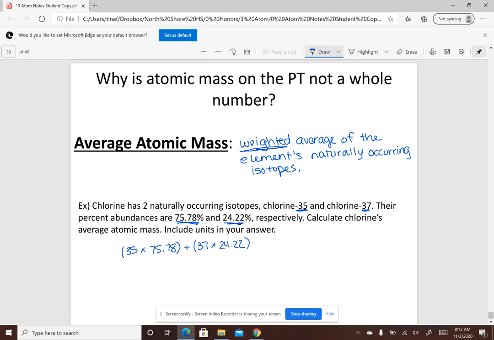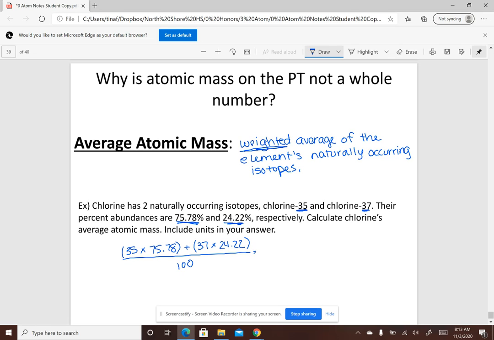Then to get rid of those percents, we're going to divide the whole thing by 100. Guys, if you're using your phone for the calculator, that's going to be annoying. You want to use a calculator where you're able to put in parentheses where you need them. I would do the top row first and then hit equals and then divide by 100. Otherwise, your calculator might do PEMDAS in the wrong order, which you don't want it to do.